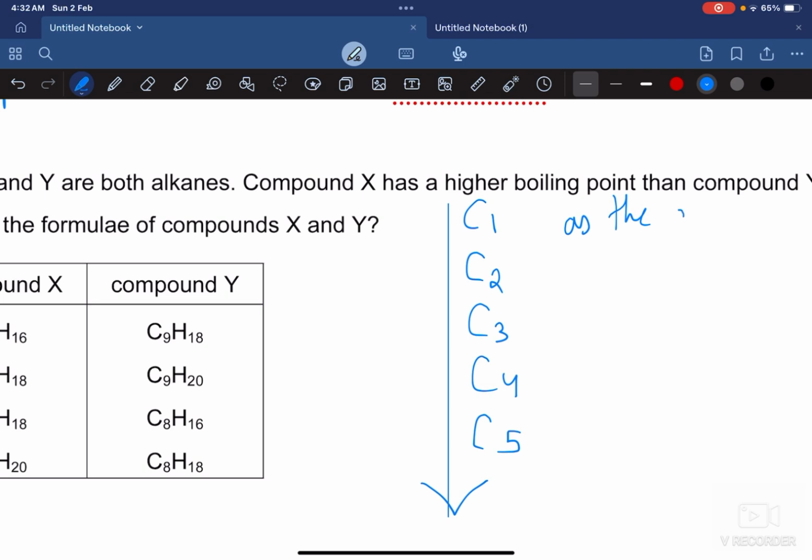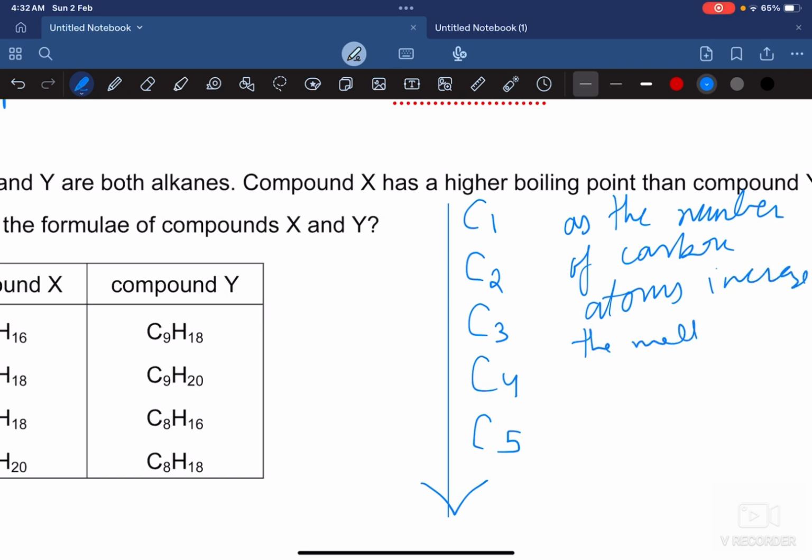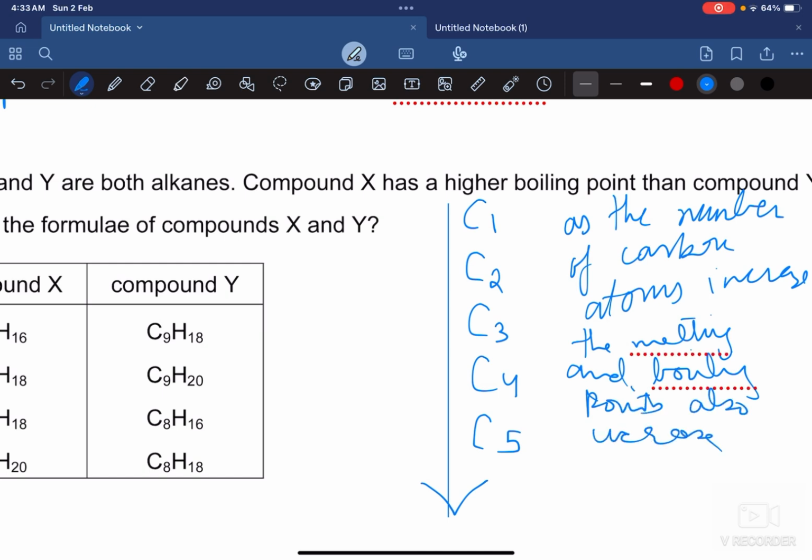Mark these words, that's a super important concept that's going to be tested every time. As the number of carbon atoms increases, the melting and boiling points increase. I hope what I've written makes sense to you guys.